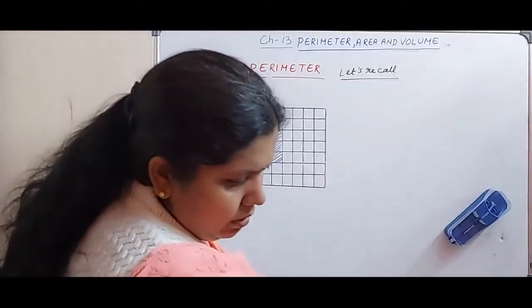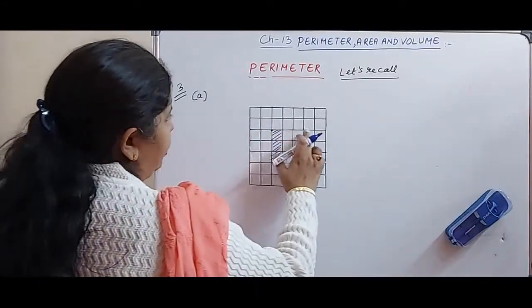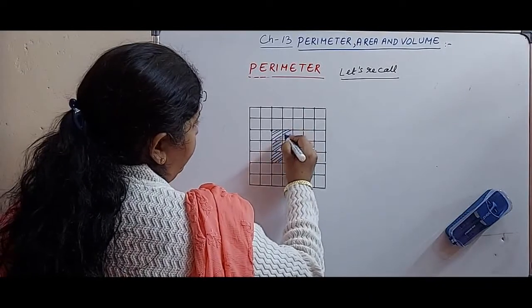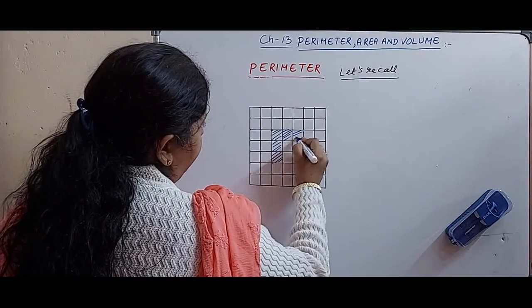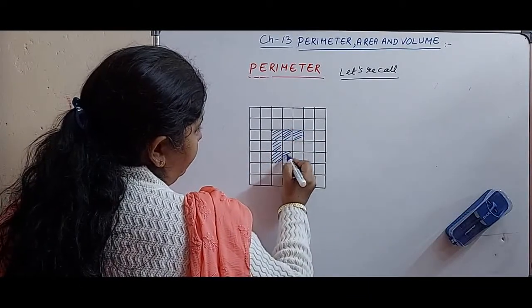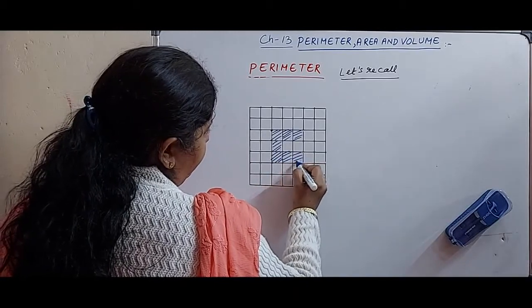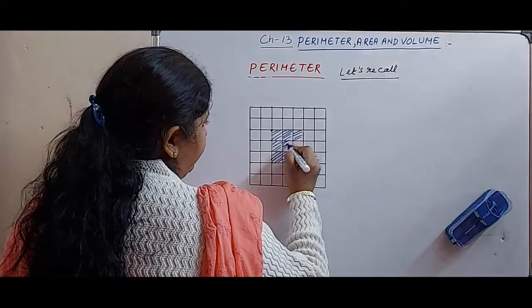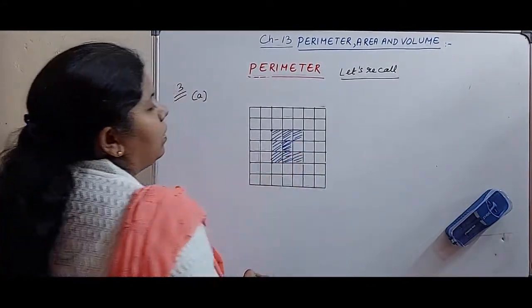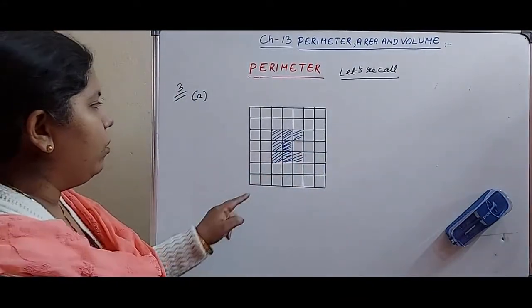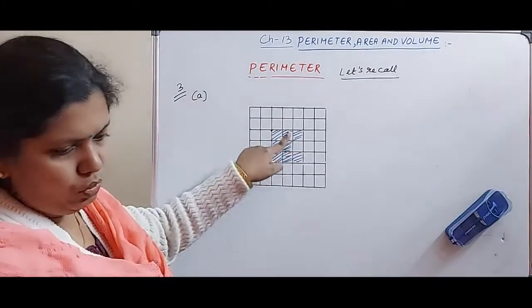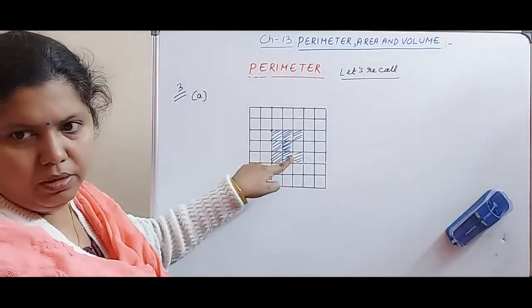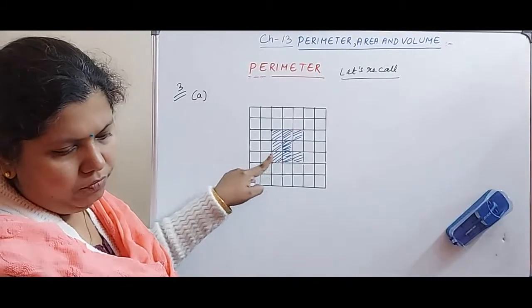Then you have to stretch it over the next 2, below also, and in the middle only 1 more. Now the question is you have to find out the perimeter of this shaded portion, this particular figure.